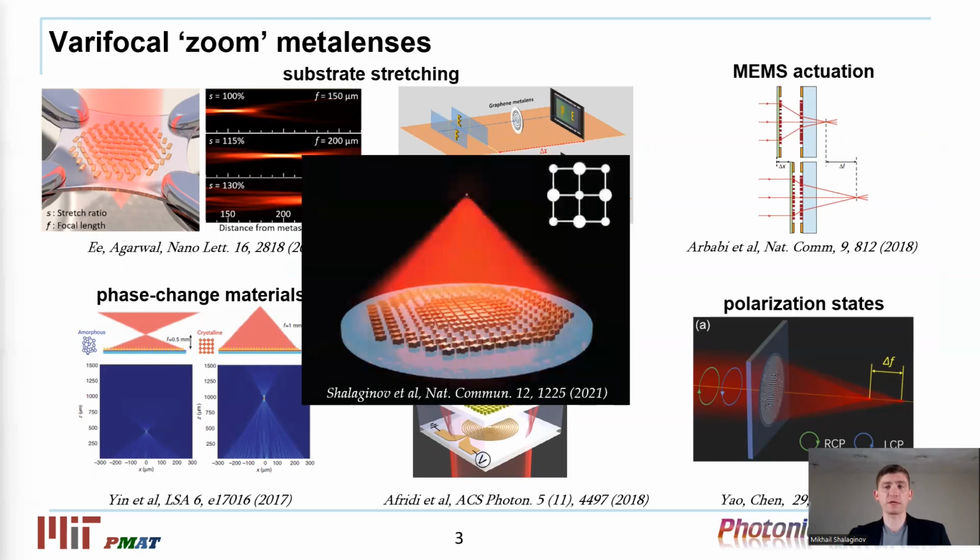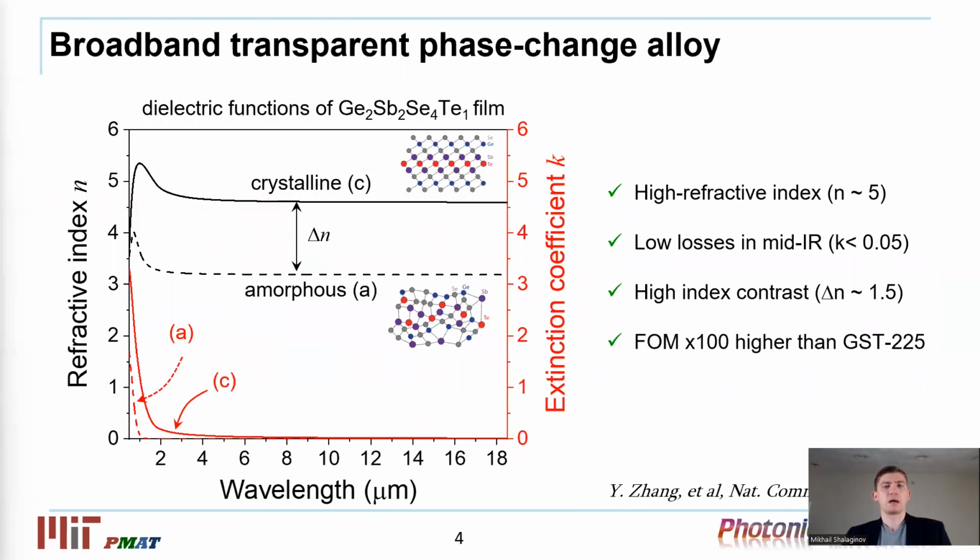Our group also recently implemented a high-performance varifocal metalens by leveraging transparent phase change chalcogenide alloys. Our group recently developed a new material, germanium antimony selenium telluride, which we briefly call GSST 421, with unique optical properties.